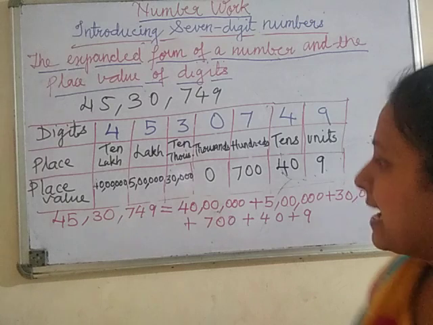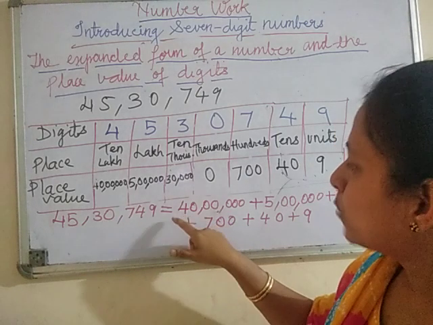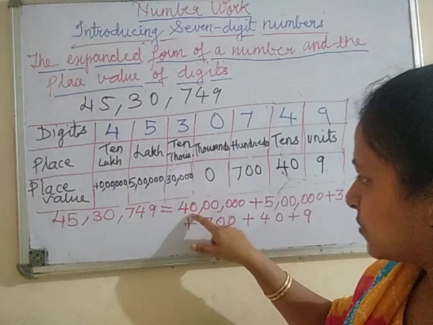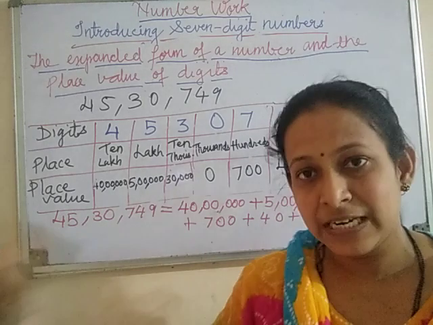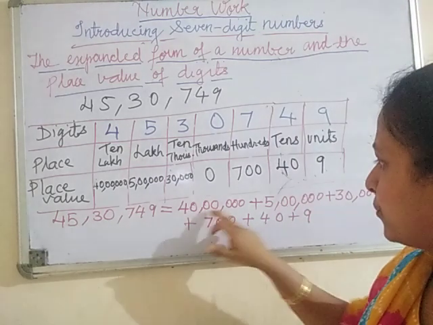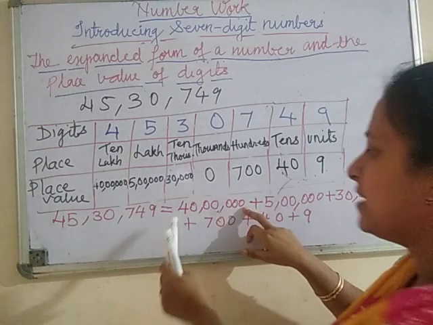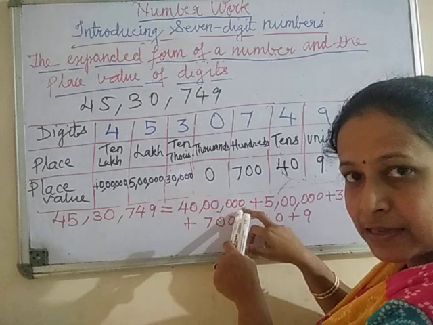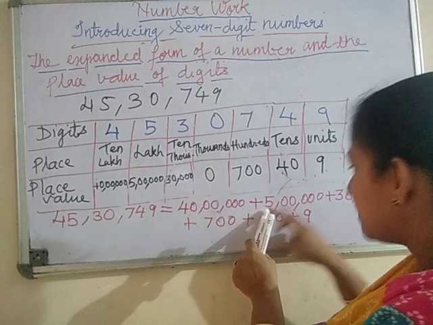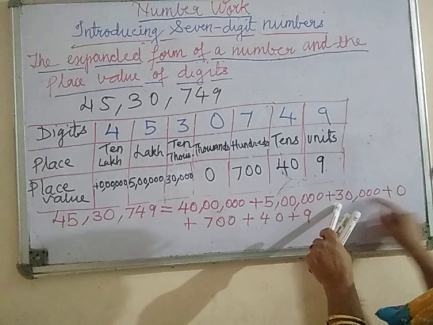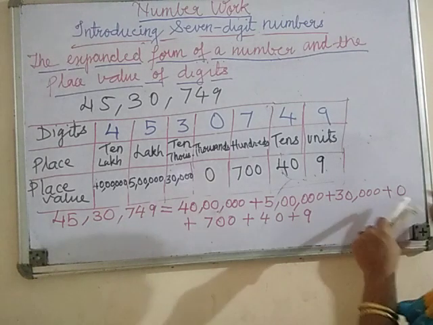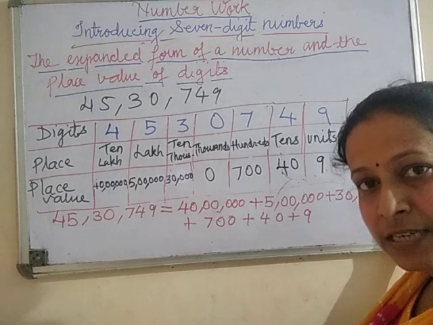Is that clear? And always remember, whatever the number may be, after the first digit the zeros are reduced by one each time. Here you see 1, 2, 3, 4, 5, 6 in a 7-digit number, 6 zeros are there. In a 6-digit number, 5 zeros. In a 5-digit number, 4 zeros. In a 4-digit number, 3 zeros.